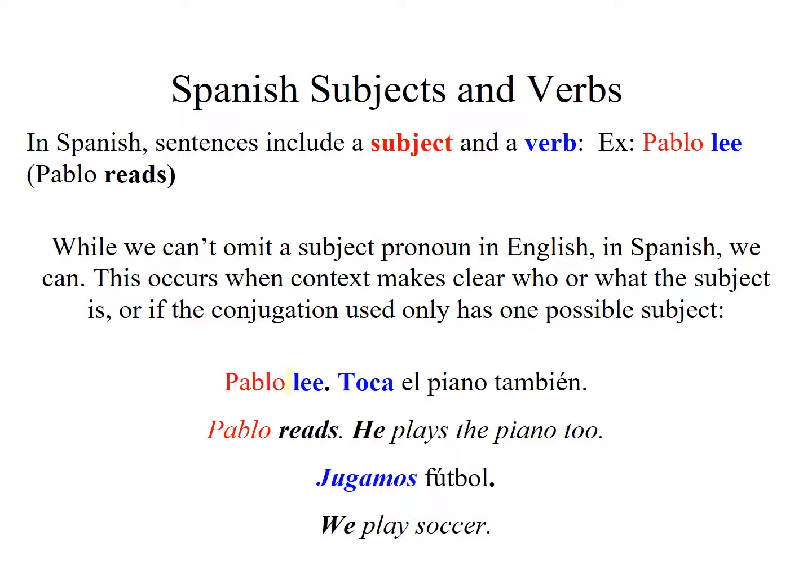For example, Pablo lee, toca el piano también. Pablo reads. He plays the piano too. O jugamos fútbol. We play soccer. As you can see in the examples, in Spanish you do not need a pronoun, while in English you do.